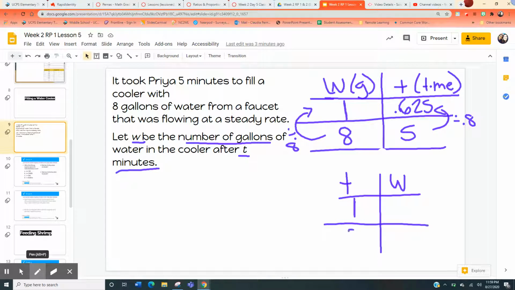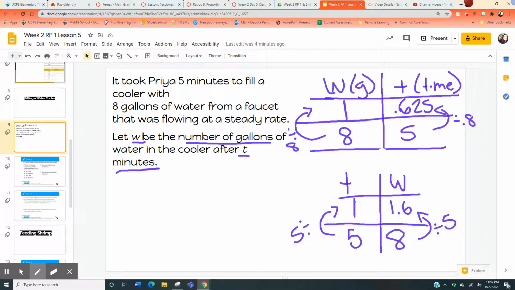I know that in 5 minutes I fill 8 gallons, so I'm going to work the process again. Again, I can do 5 divided by 5. Whatever I do on one side, I do on the other. Now 8 divided by 5 gives me 1.6. So now I know that it takes 1 minute to fill 1.6 gallons of water.